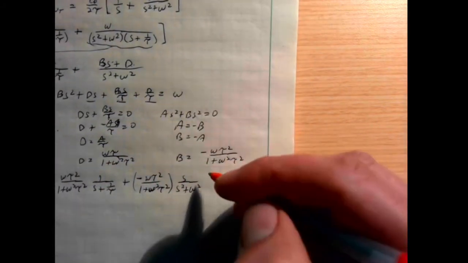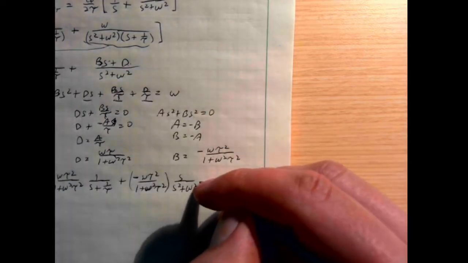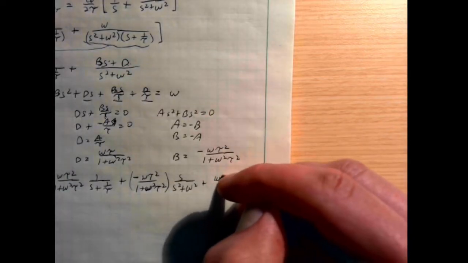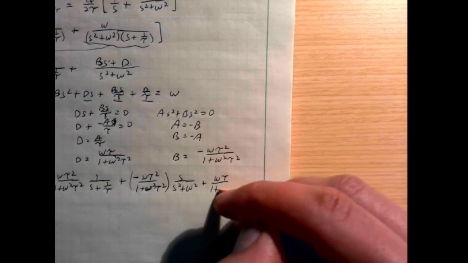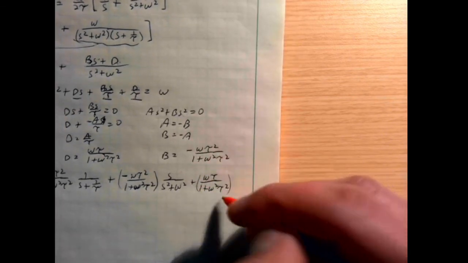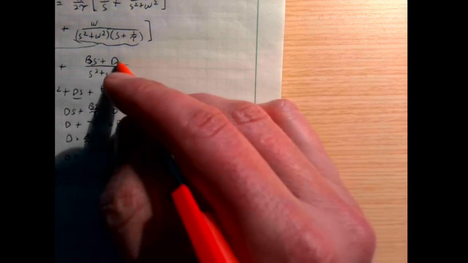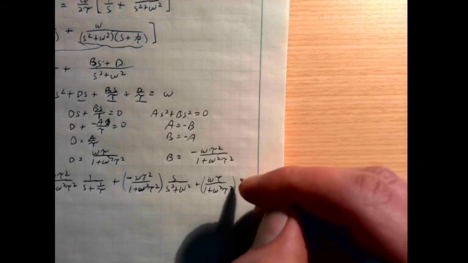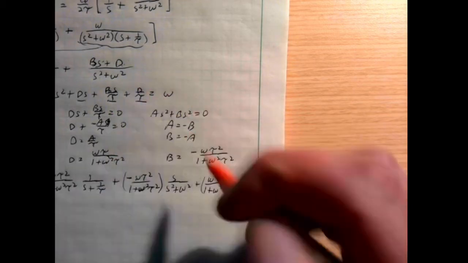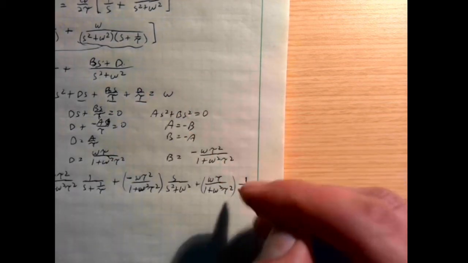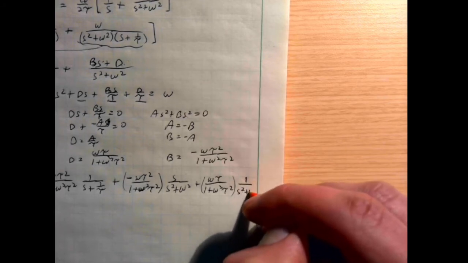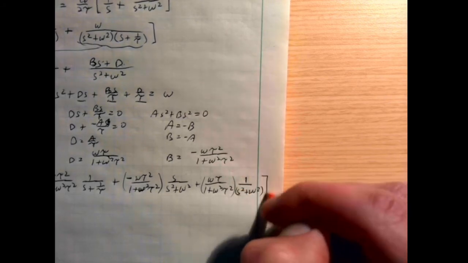Okay, and then the last one is the D term, which we said is plus omega tau over 1 plus omega squared times tau squared. And that was my D over S squared plus omega squared. Oh, sorry, that was 1 over, it'll be a 1 over S squared plus omega squared. Okay, so that's my partial fraction decomposition. I broke it into these 3 pieces.